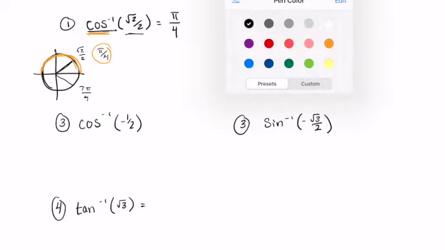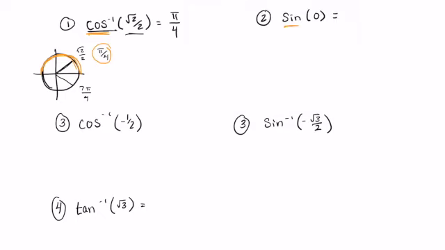Looking at example 2, sine of 0. Again, I'm looking at my unit circle, and I'm thinking, at what angle measure does sine give me 0? Where is my y value 0?